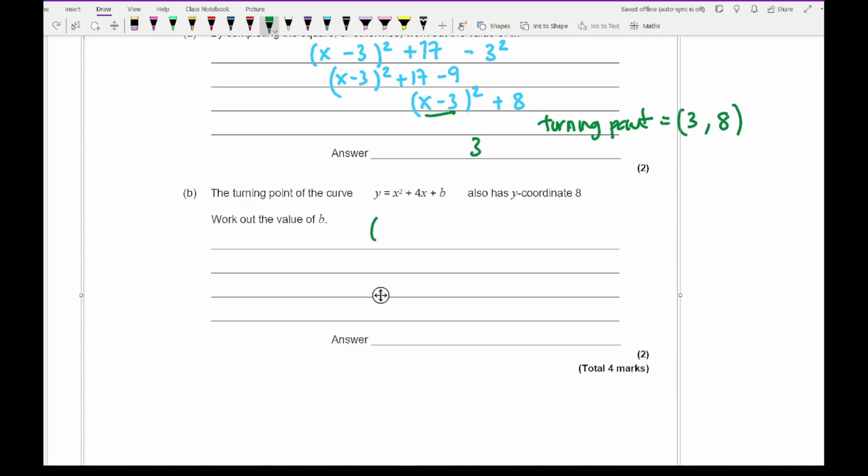If I use completing the square, the turning point is going to look something like this. Now the y ordinate of the turning point, all of this has got to equal 8. So therefore b minus 4 equals 8. So therefore b equals 12.